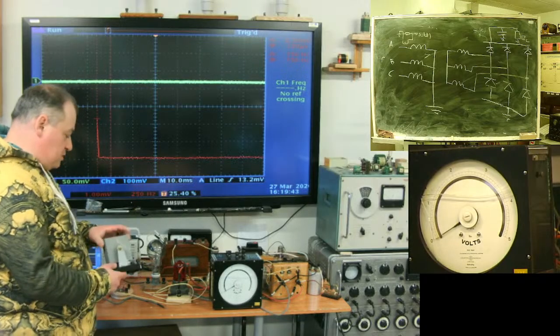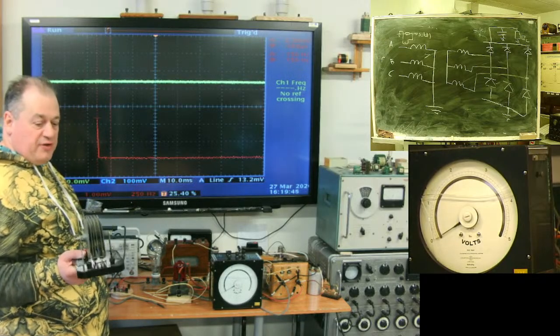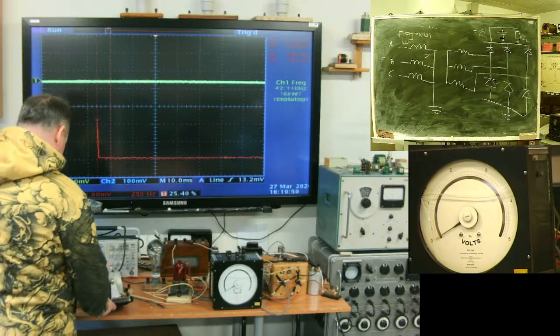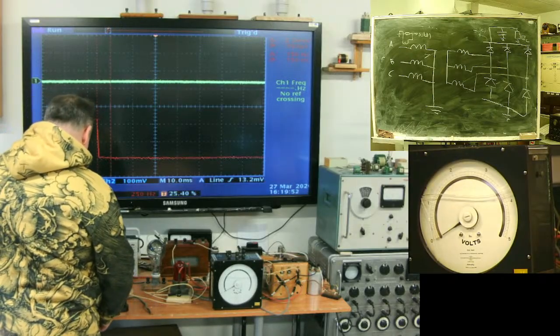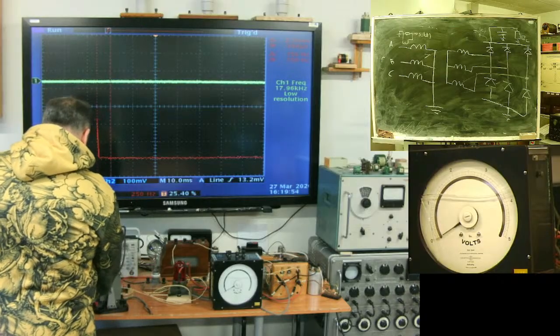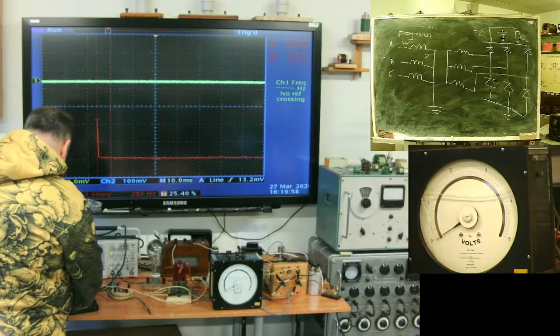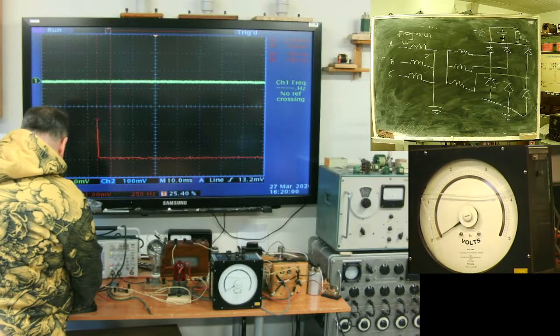I can, for illustration, this was all type of rectifiers, selenium type of rectifiers.